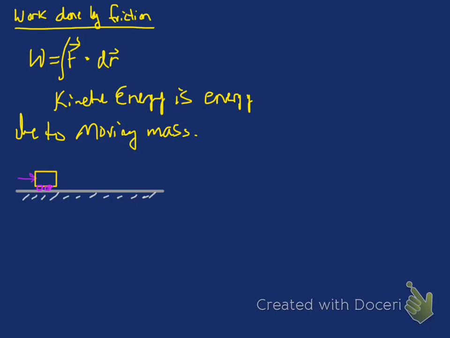If it starts off with initial velocity equals 0 and it travels over some distance, delta x, it winds up here with this final velocity, v equals v.